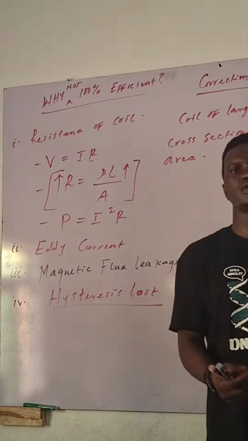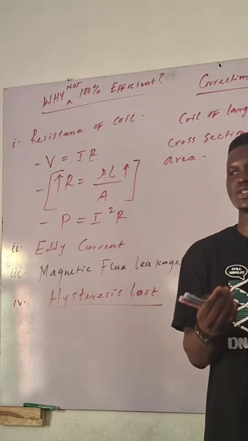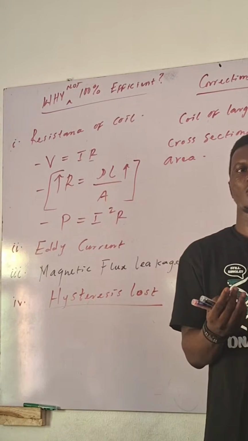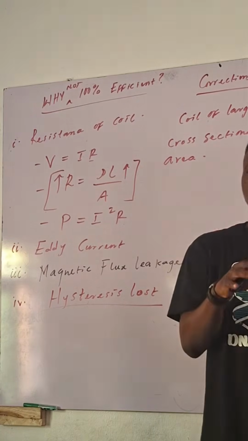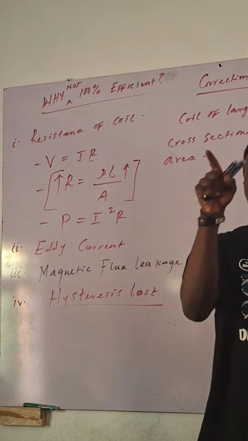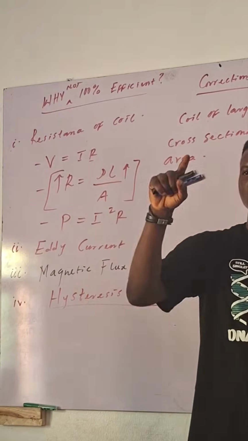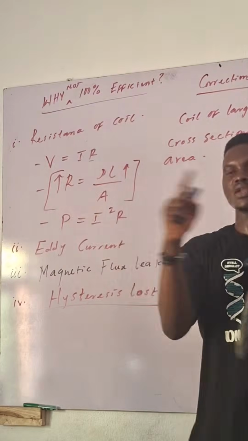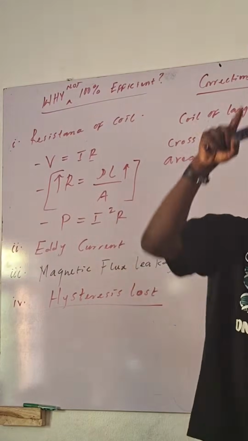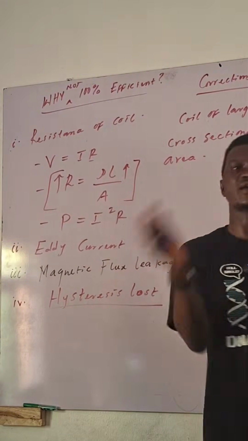Now, this one is just like this. And you know, the current will keep changing. The current will go like this, also come like this. So there is a time that when the current is going like this, the field will go like this. When the current is going like this, the field will go like this. And that keeps happening every time.